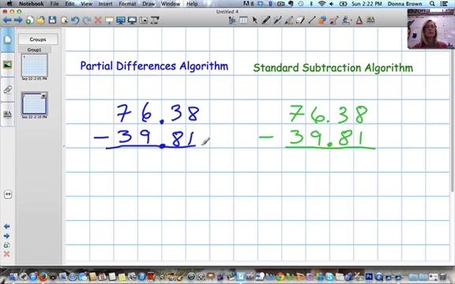So the first one, we would start way over here in the tens column, and we go 70 minus 30 is a positive 40. And then 6 minus 9 is a negative 3.